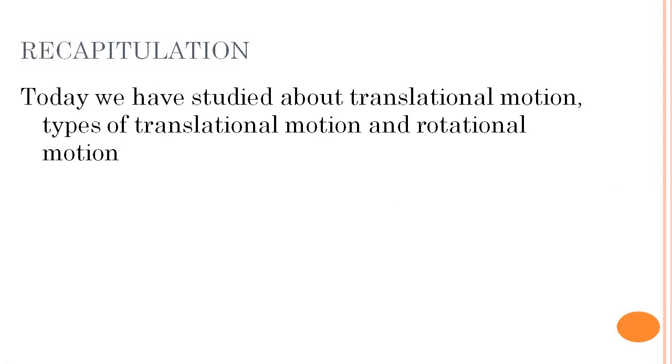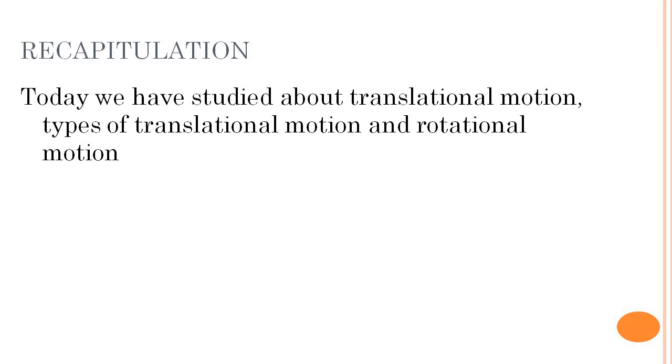So today we have studied about translational motion. Translational motion is such a type of motion in which each and every part of the object covers the same distance in a given interval of time. And we have also studied the types of translational motion, which are curvilinear and rectilinear.